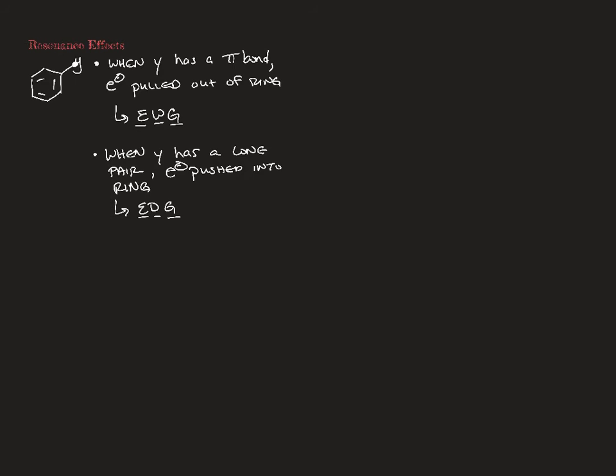So let's look at a group where the carbon attached has a pi bond. One very common one would be your acyl group. So again, the carbon that's attached to the benzene ring is part of a pi bond. What can happen is those electrons in the pi bond can kick up to the oxygen.